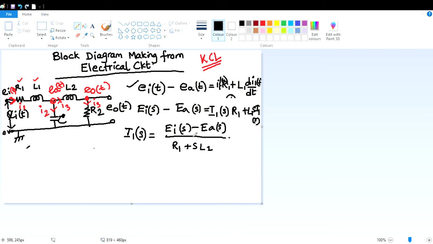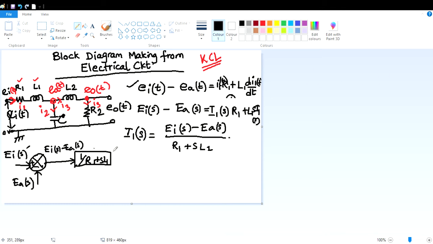Here EI and EA, with a plus or minus sign, so we take a comparator block. Here EI minus EA comes out.